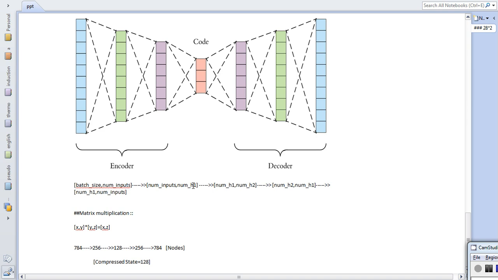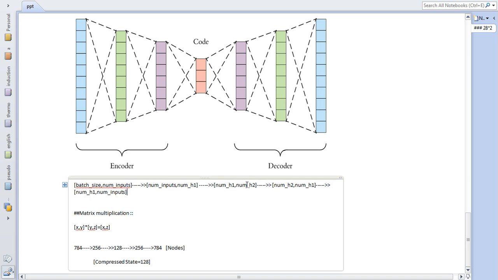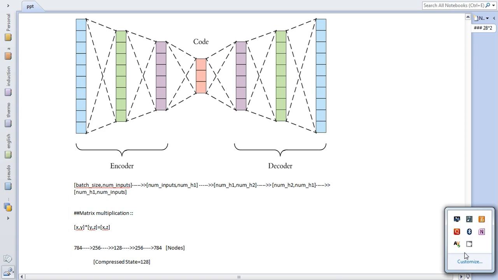So it is a weight matrix w1, of dimension number of inputs by num_h1. Then the second one is w2, and the third one is w3, and the first one is the input dimension, that is the batch size comma the number of inputs, which is 784.